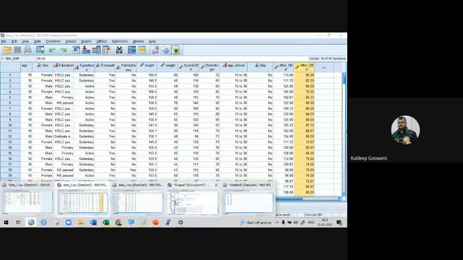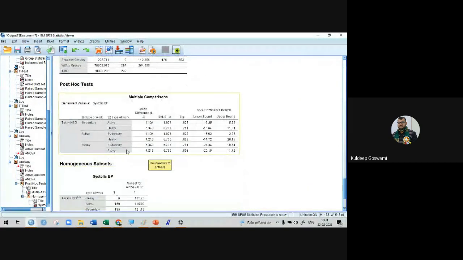Now come to the output page. Now see what the differences are. This is for Tukey's HSD test. For systolic blood pressure, we are doing it for sedentary, active, and heavy. There are 3 categories of type of work. Sedentary and active, it is not significant.